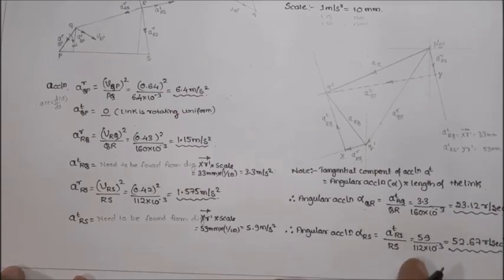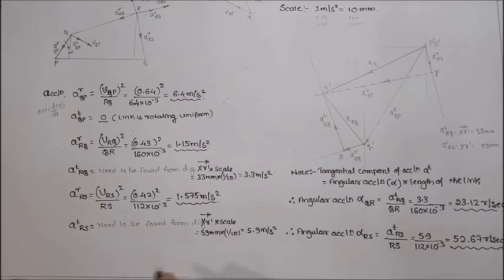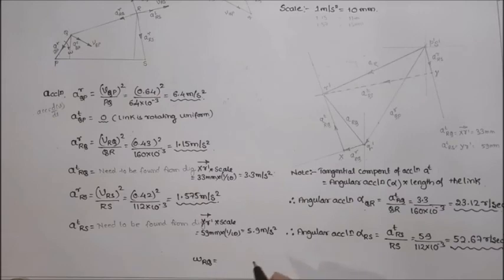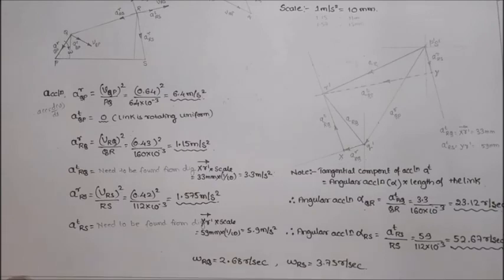Here at the bottom we can write omega QR or RQ, which we have already found out, that is 2.68 radians per second. Then omega RS we have already found out, that is equal to 3.75 radians per second. So we got these answers.